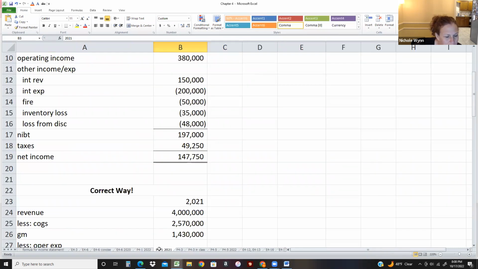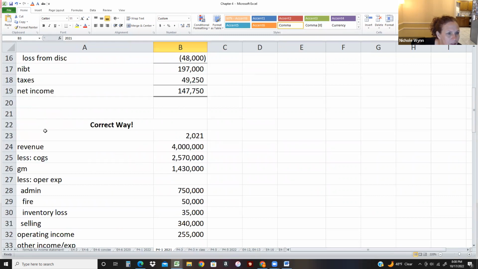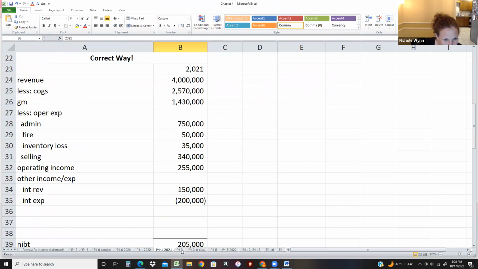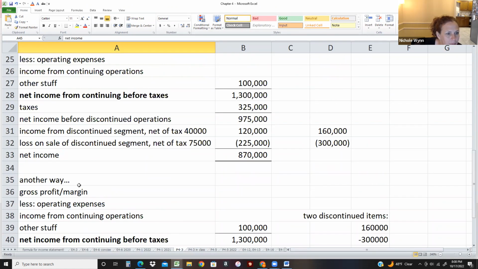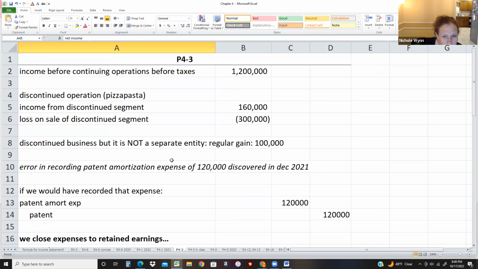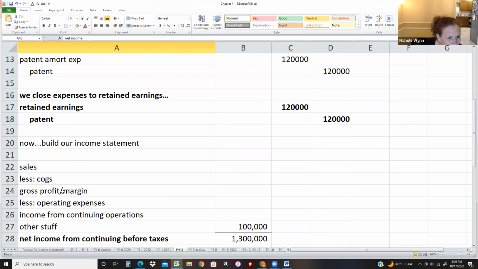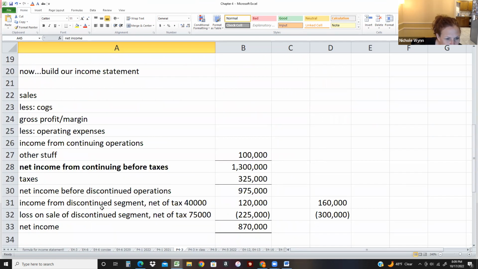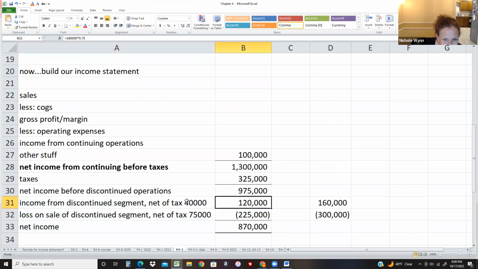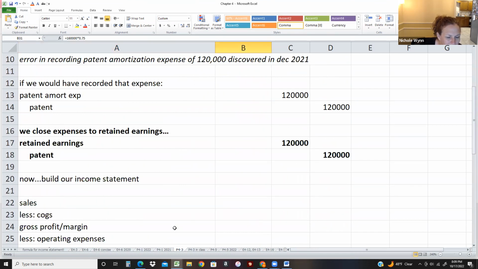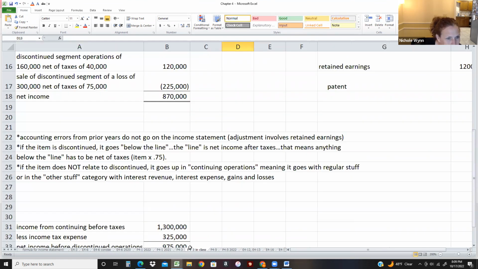It's a little weird too. So P43 is probably decent to look at, but it's not nearly that hard. So I don't think you need to necessarily look at that one. But if you want to look at the discontinued stuff down here below the line, that is helpful. So you can see that. I think that might have been the one where we had to go back and pull each thing out. And so that was a little bit confusing.